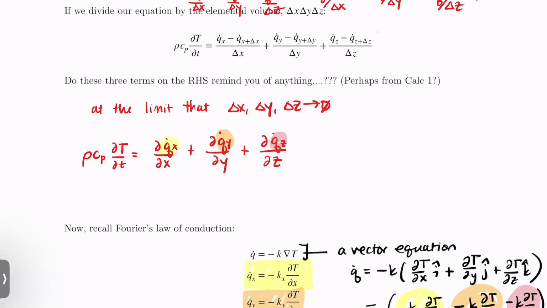If you go back up to this, the definition of a derivative is the following. So df dx is equal to the limit as delta x goes to 0 of f at x plus delta x minus f at x, divided by delta x, right? So all of these derivatives have a minus sign out front.